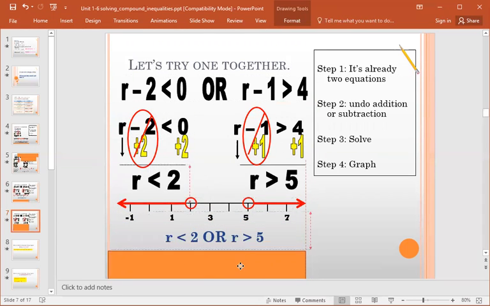So on my graph, I find 2, I find 5. There's no equal pieces, so they are both open circles. Less than going to the left, greater than going to the right, and it would be written as r less than 2 or r greater than 5. You have to put the word "or."